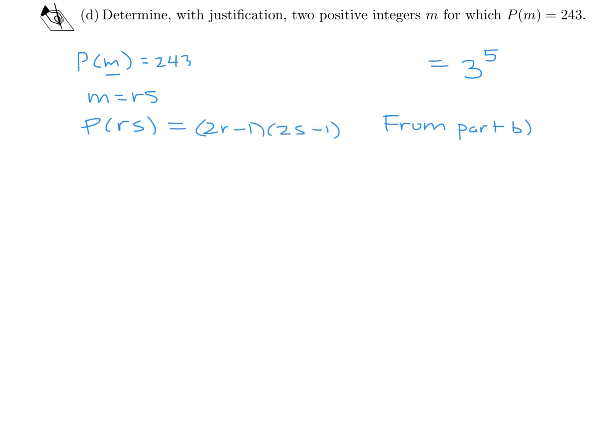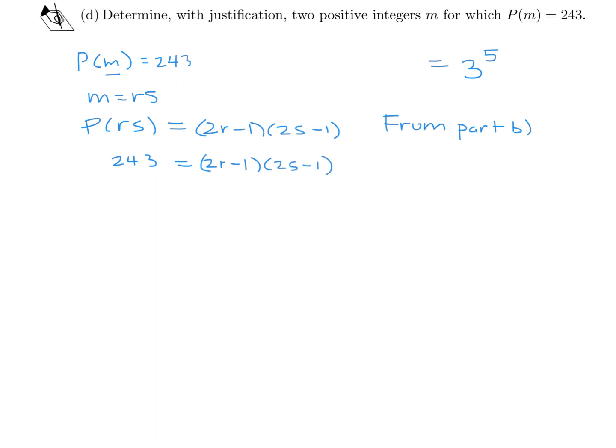Got it? So that's going to be very helpful for us. So we now have this 243 up here, and we have this 2r minus 1 and 2s minus 1.